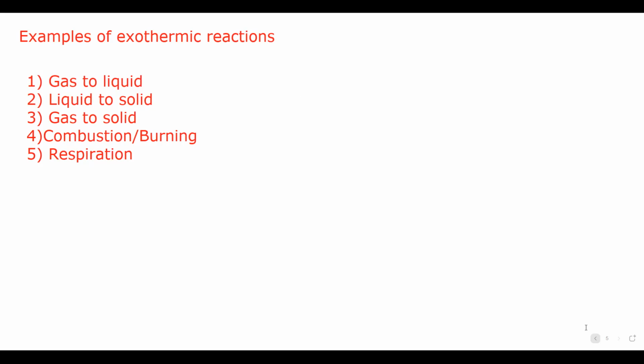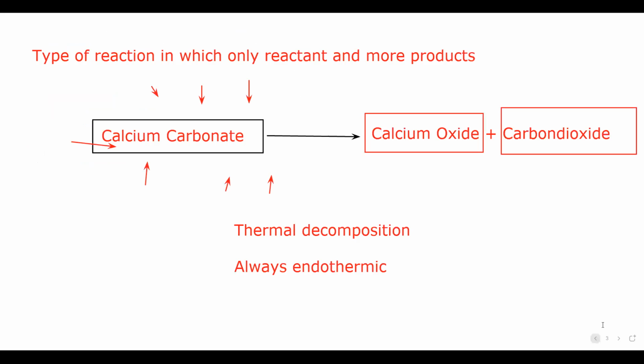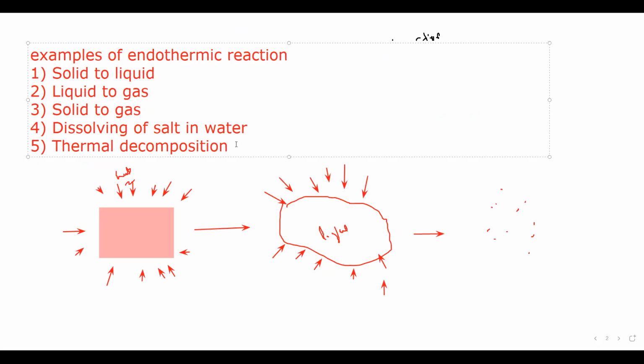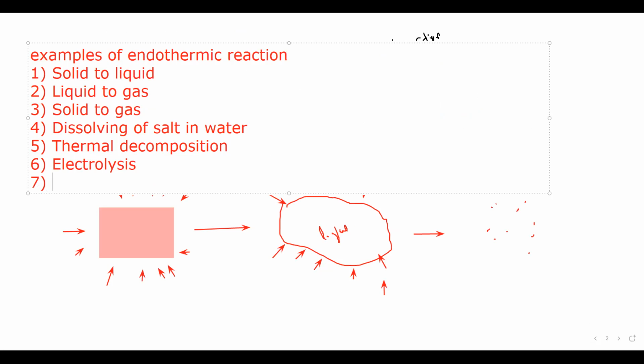And to the previous list, we can add two more examples for endothermic. We can also mention electrolysis, because in electrolysis, we pass the current, we supply electrical energy. So all electrolysis are endothermic changes, as well as photosynthesis.